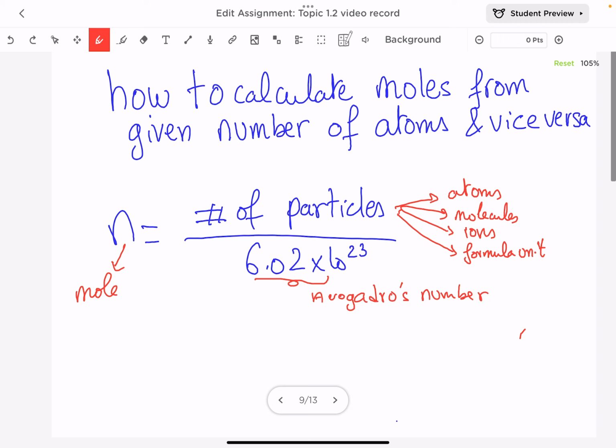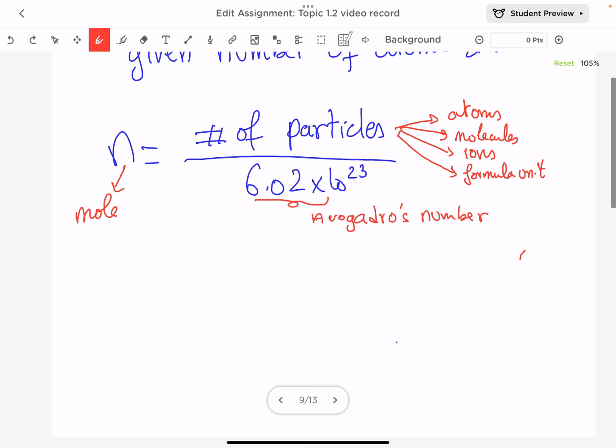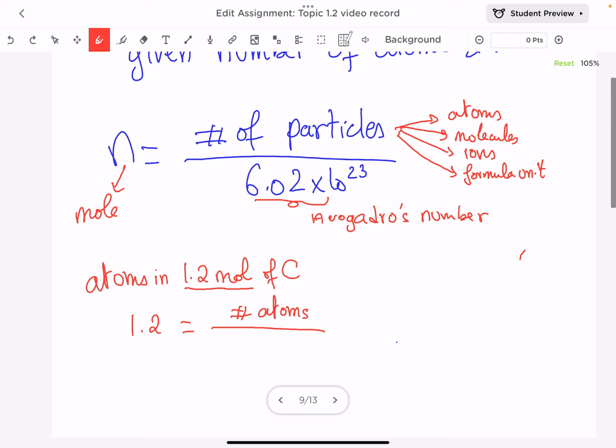Now let's take the first example, saying you have to calculate how many atoms in 1.2 moles of carbon. So 1.2 mole goes here. I have 1.2 mole, and number of atoms to calculate and divided by Avogadro's number.